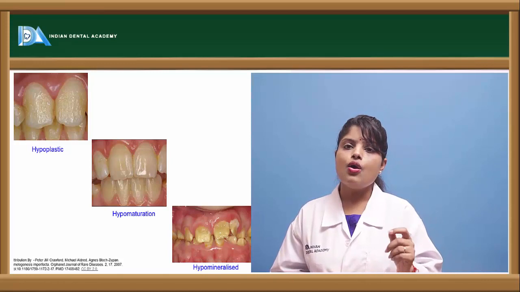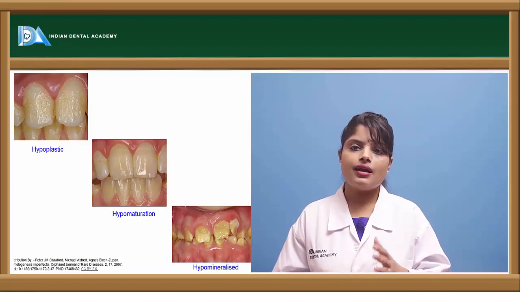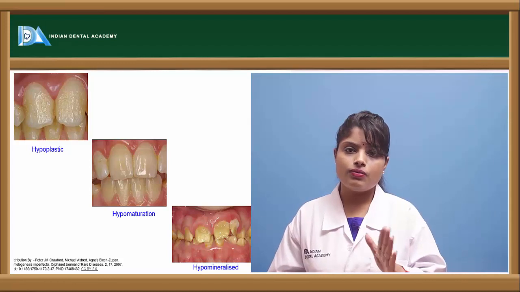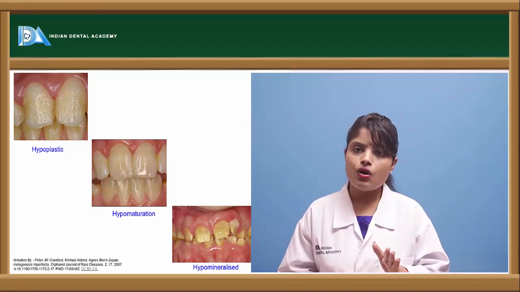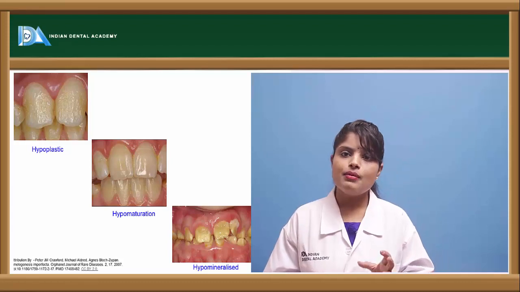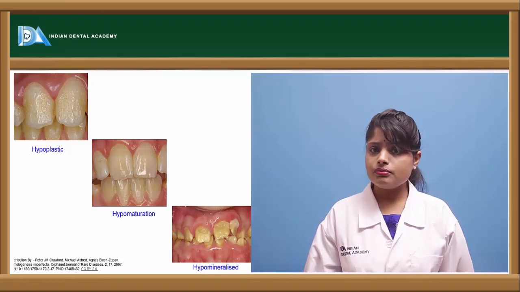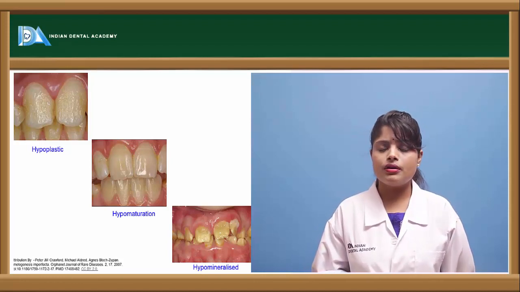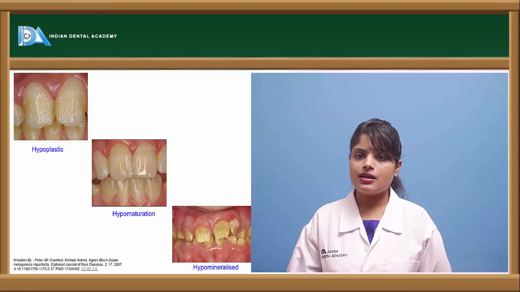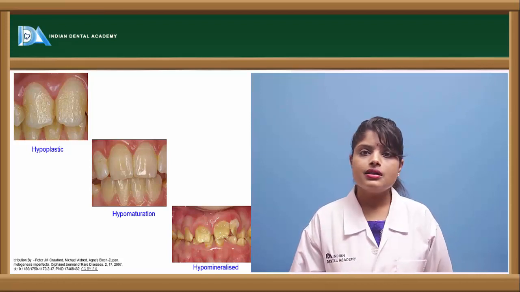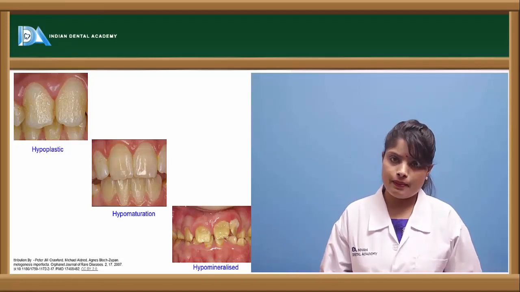The enamel will be pitted, or sometimes craze lines will be formed in the enamel on the labial surface of the tooth, which will lead to staining, but it will not lead to caries. The enamel will be weaker in structure. There is defective matrix formation of the enamel.